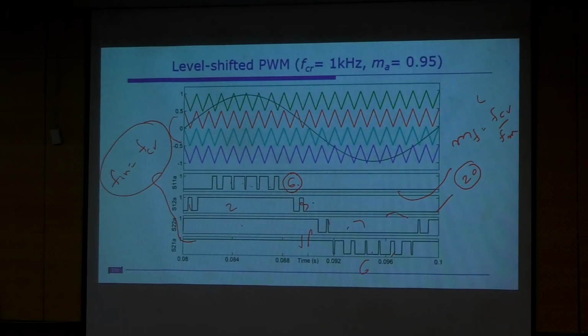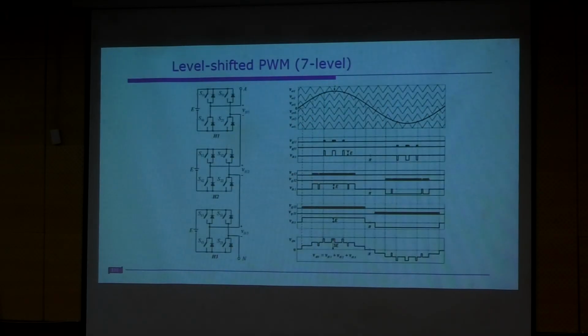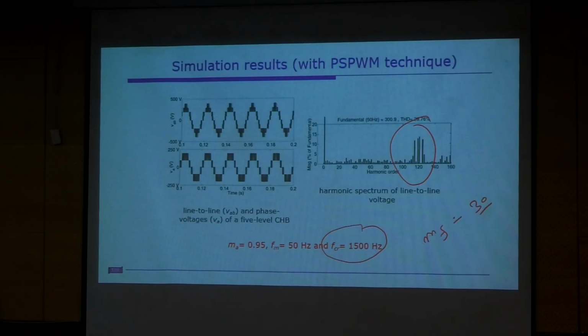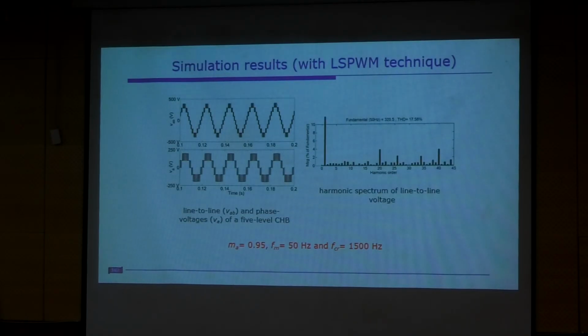Understood? These are all under the linear region, if the MA is less than 1. Now how do we compare with the level shift PWM technique? See here, these are periodic at 30 only.